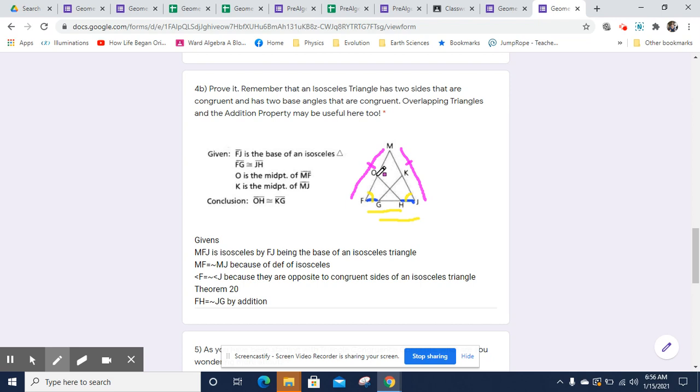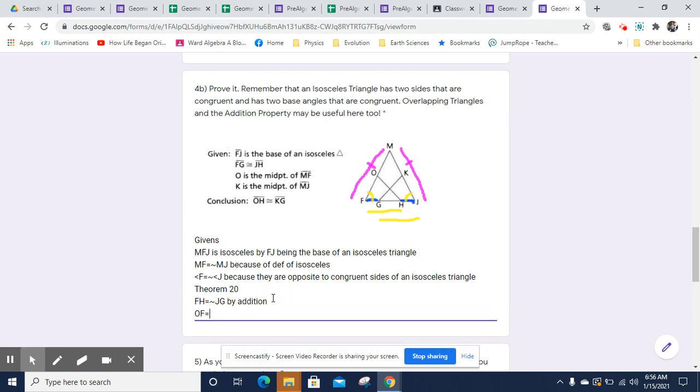Because we can say that, we can actually say OF and KJ are congruent. Okay, by definition of midpoint. Okay, actually really by division.